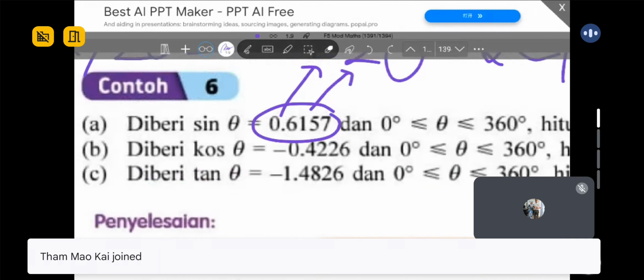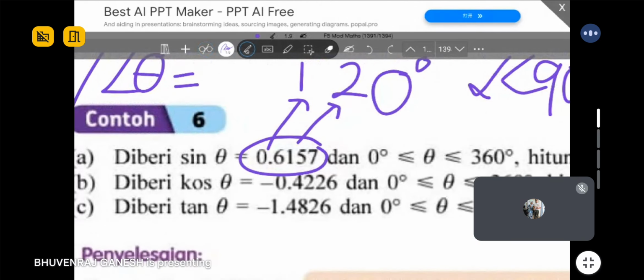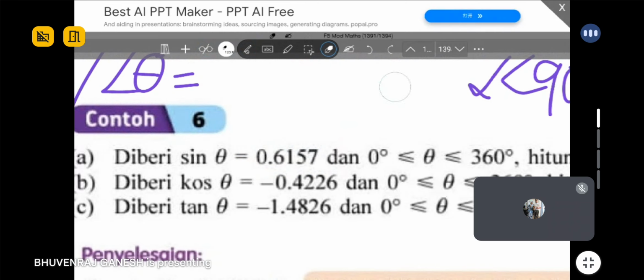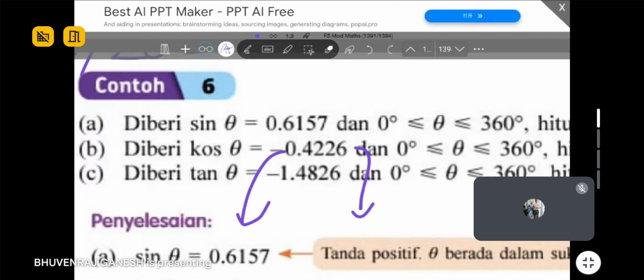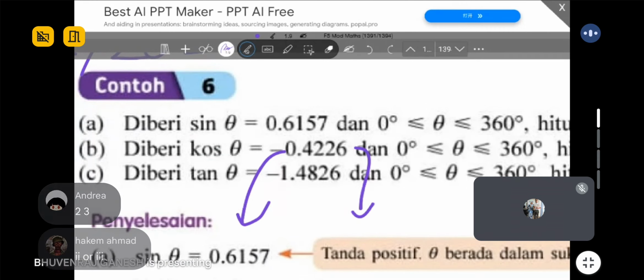Alright, so we try the next question. Okay, so cos negative, guys. Which quadrant? Come on, guys. Cos negative. Very good. 2 and 3. Very good.